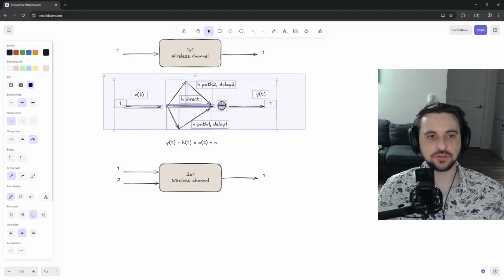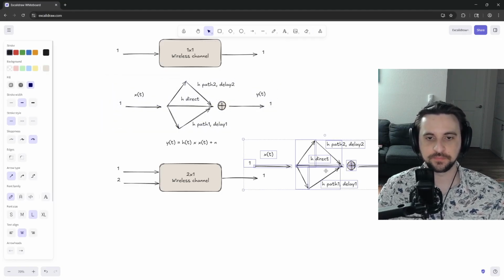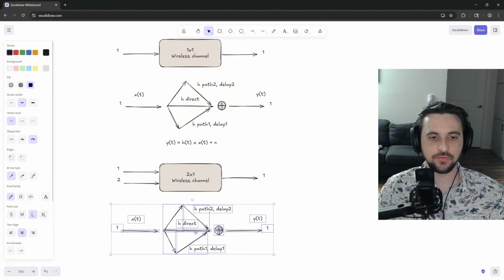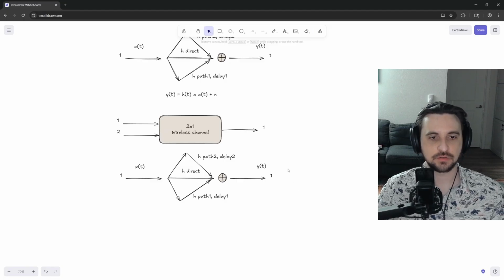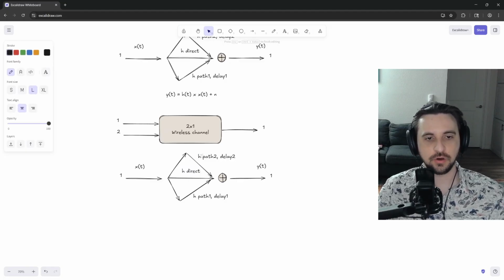So this picture gets perfectly replicated, except now there's even more superposition on that same receiver, right? So then we can call this H1, the channel from the first user to the receiver, okay? Which has a direct path.